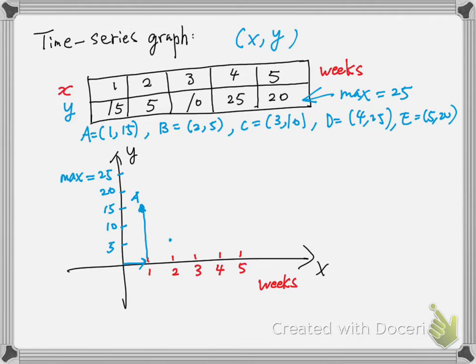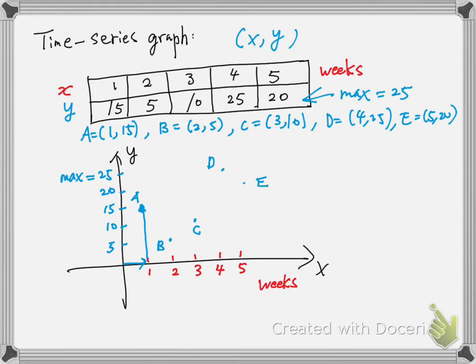B is here. C is (3, 10), so C is up a little bit at week 3. D is (4, 25), so that's the maximum. This is D, and then the last one, (5, 20), is E.